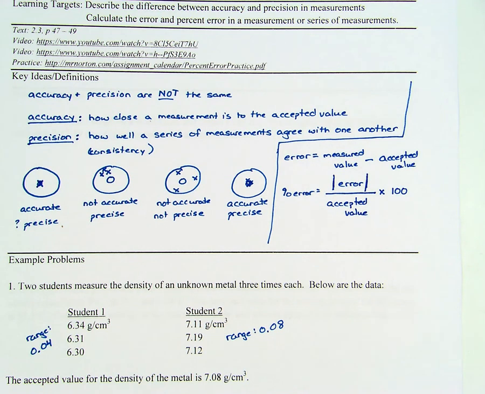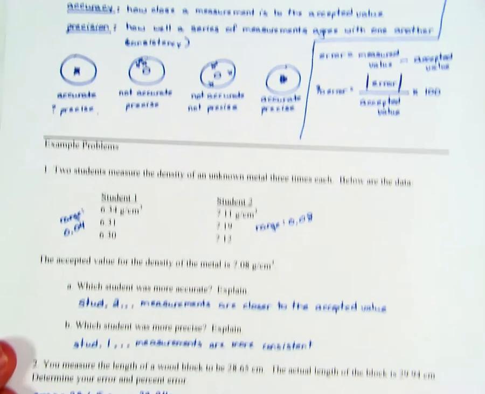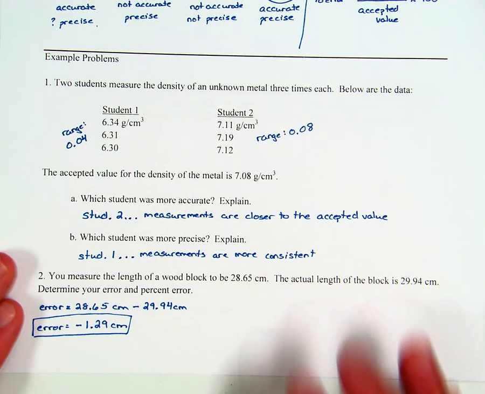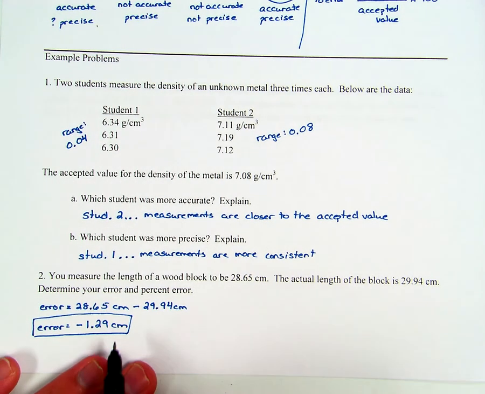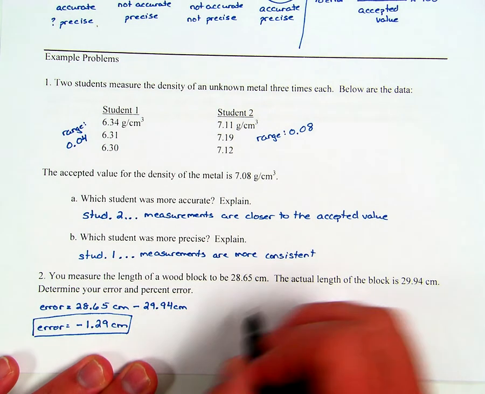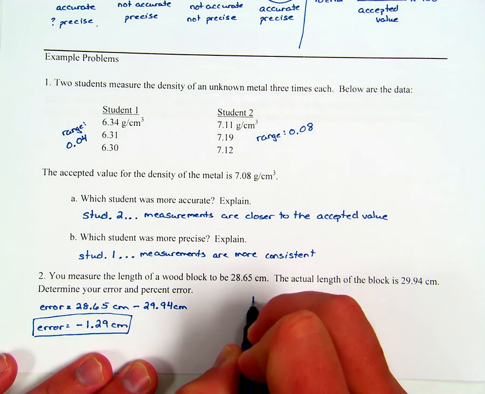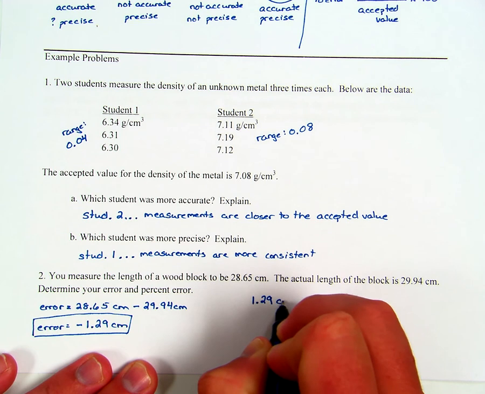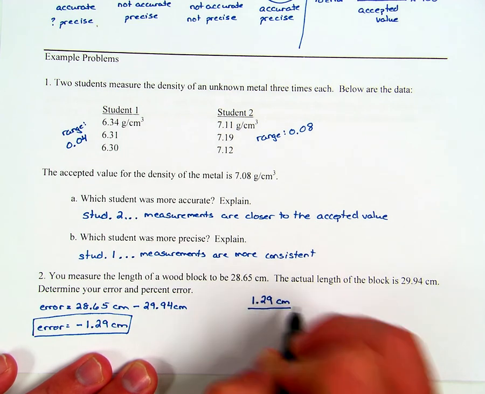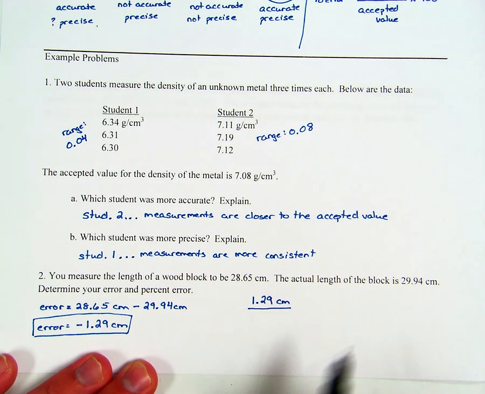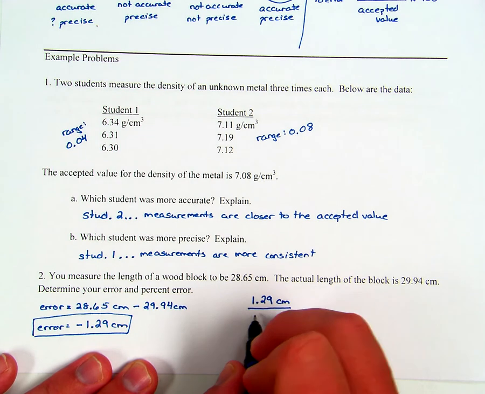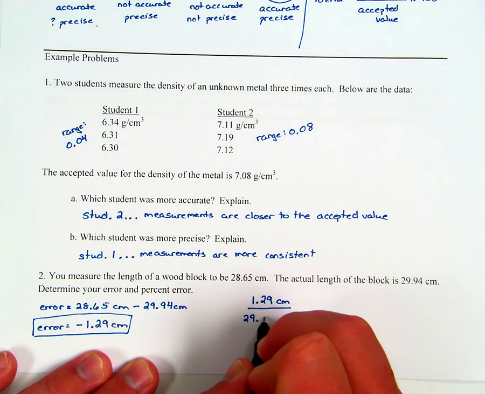All right, jumping back down here. We are going to take the absolute value of our error. So the absolute value of negative 1.29 centimeters is just 1.29 centimeters. And we're going to divide by the accepted value, what we should have gotten. So that's the 29.94 centimeters. Don't divide by what you got. That's a common error, so don't divide by that.